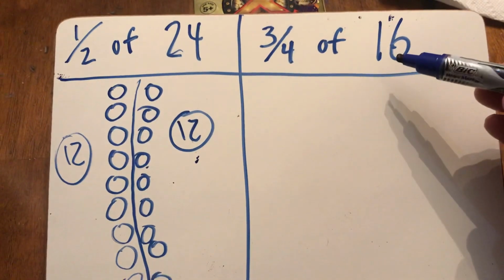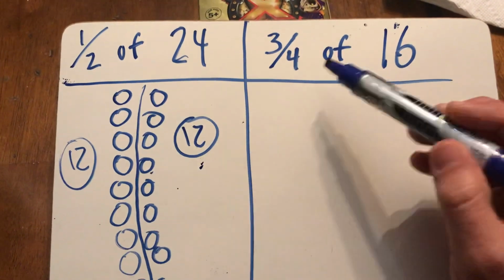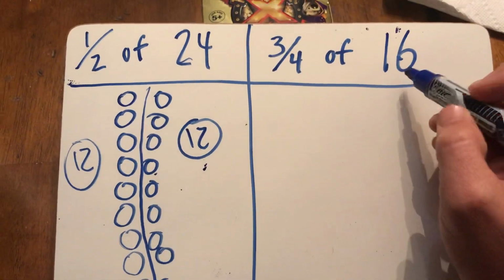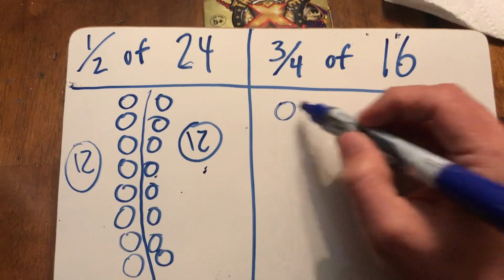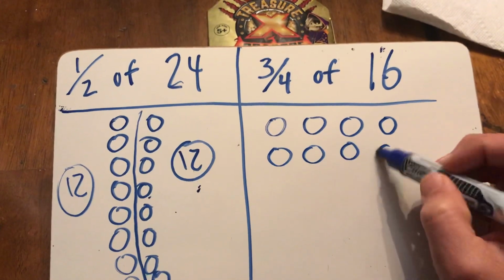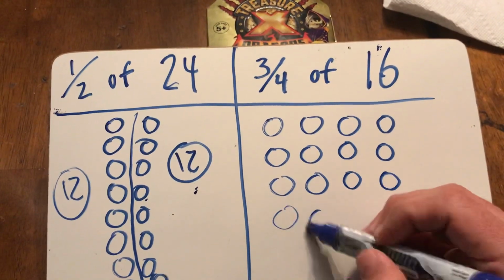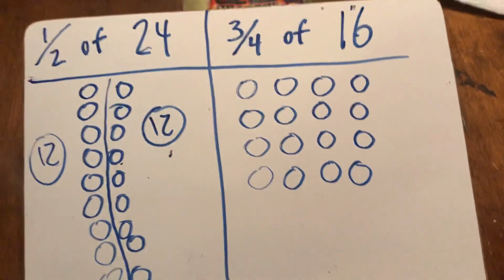So 3/4 of 16. I'm going to do the same thing, but instead of two groups, I'm going to draw four groups until I get to 16. So I'm going to go 1, 2, 3, 4, 5, 6, 7, 8, 9, 10, 11, 12, 13, 14, 15, 16.